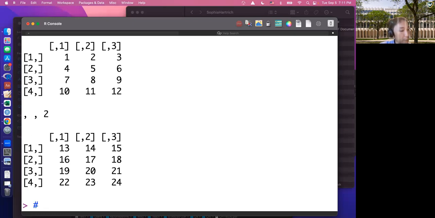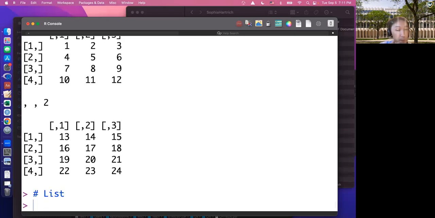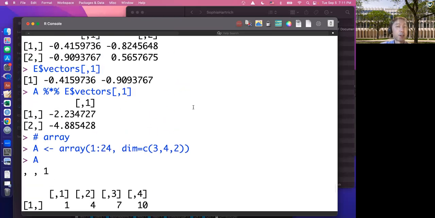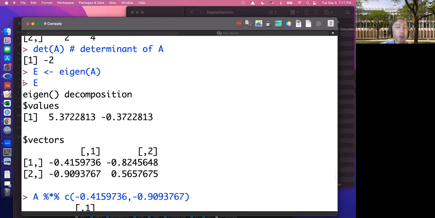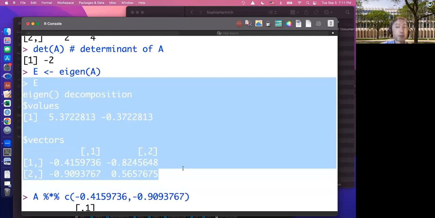Okay, so next we study list. Sometimes we want to put multiple objects within one object. One good example is the output of the eigen function. This E is actually a list with two sub-objects.